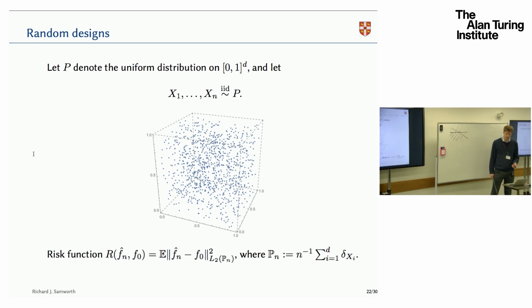Now my risk function I need to think of as a function of f_n hat and f_0, and I can write that as an expectation of the L2(P_n) squared loss, where P_n is the empirical distribution of the design points. There's a typo here, this should be an n.